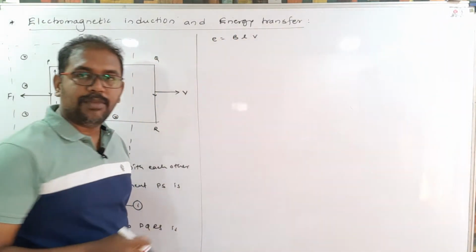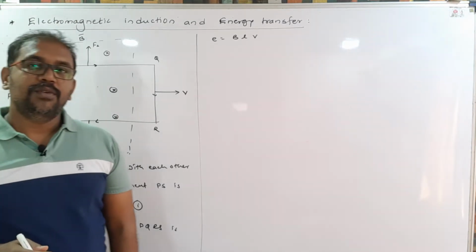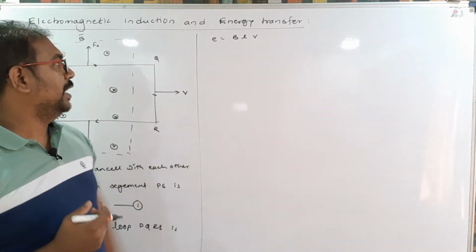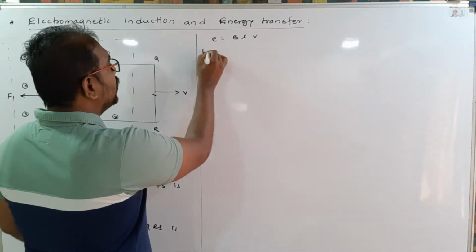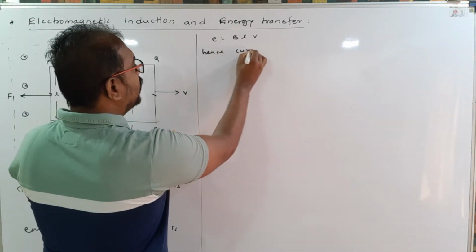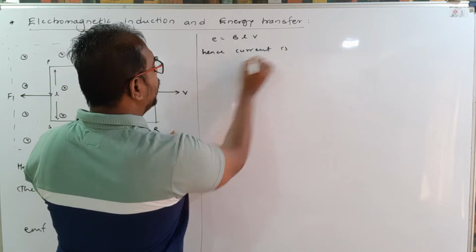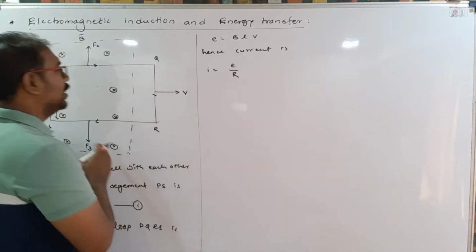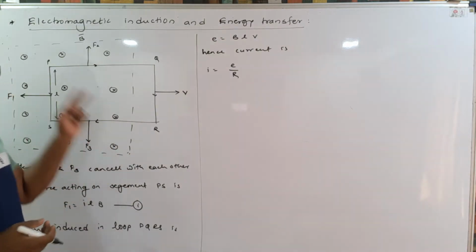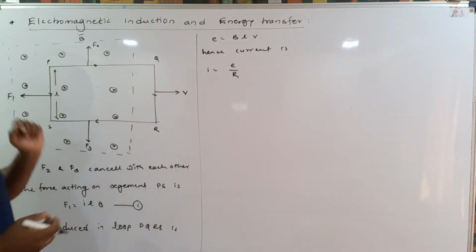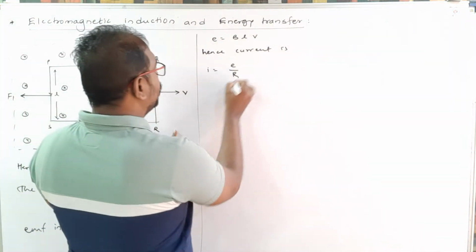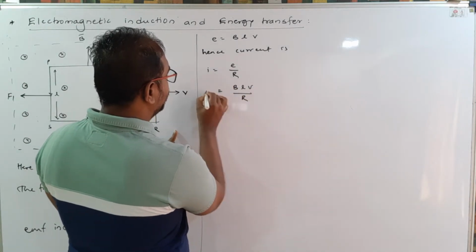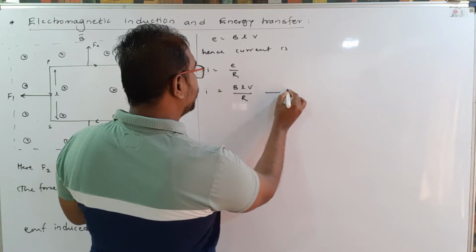We already learned in the previous videos that the EMF induced in a straight conductor when moved in a uniform magnetic field is BLV. Hence the induced current is I is equal to E by R, where E is the EMF induced and R is the resistance of this PS side. So we can write BLV divided by R. This is the induced current, equation number 2.